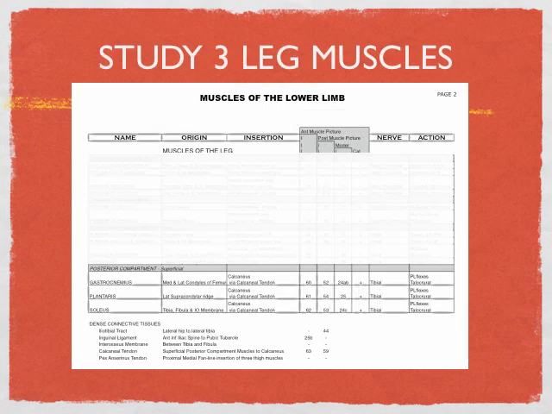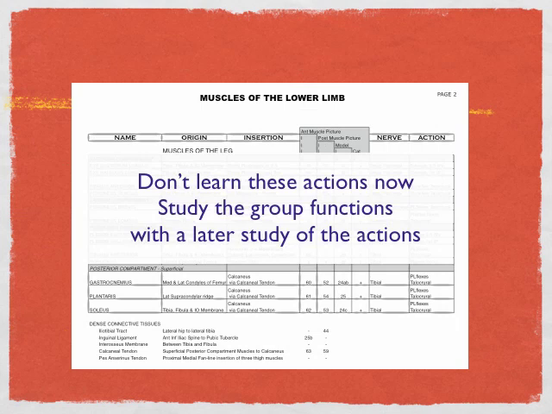But you do need to know names, origins, and insertions. Now, don't worry about learning any of the other details of these muscles or of these groups right now. Just learn this. This is what's going to be on the quiz.